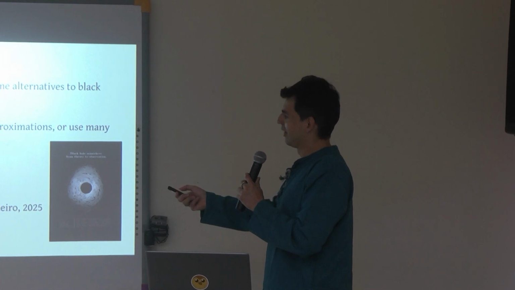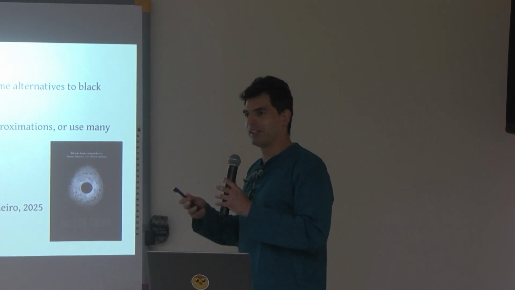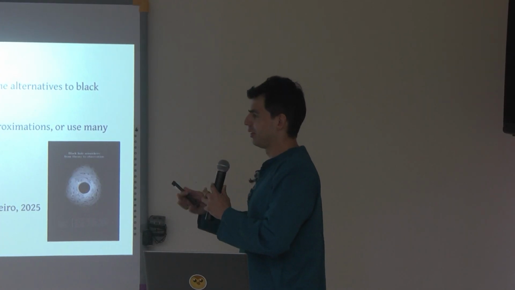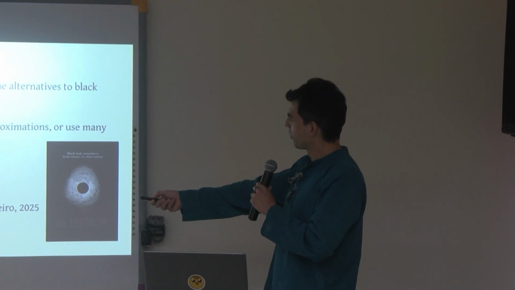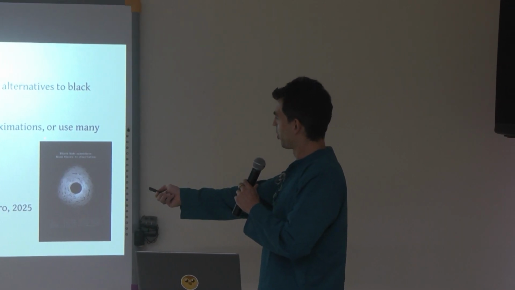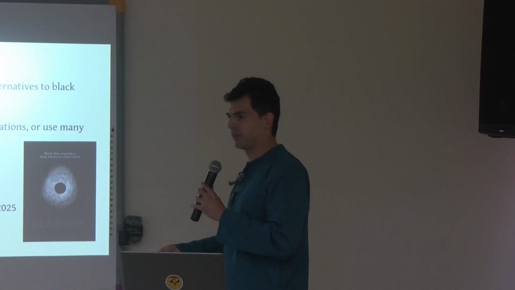However, even though this possibility was considered in the EHT papers, there is still a lot of room to improve. So there are many things that we can still do. Most of the cases that were considered there are semi-analytic approximations or use several simplifying assumptions.